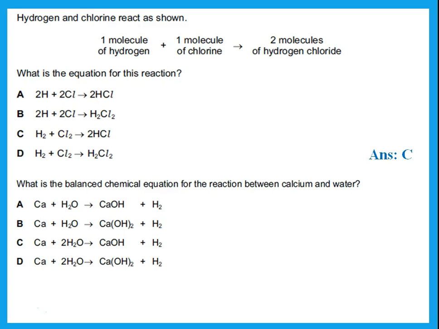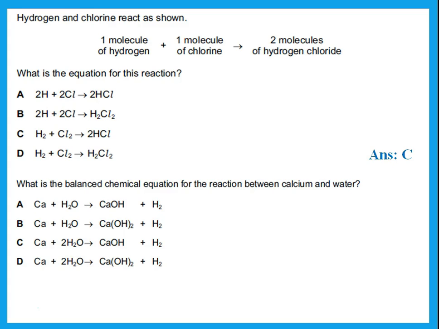So the correct answer has to be either B or D, because in the other ones the calcium hydroxide is not written correctly. Okay, then so we've decided it should be B or D.